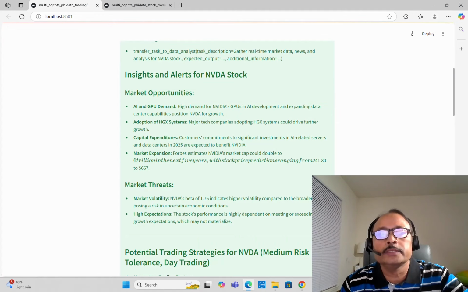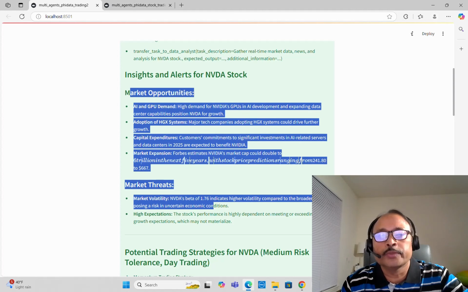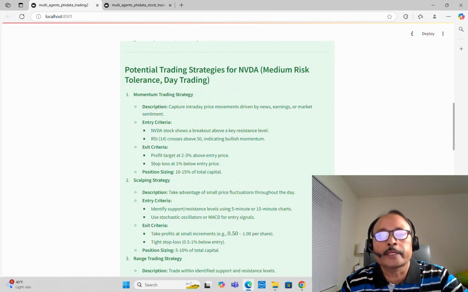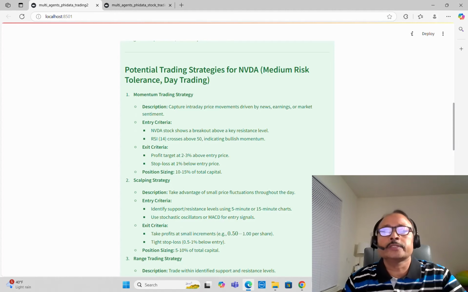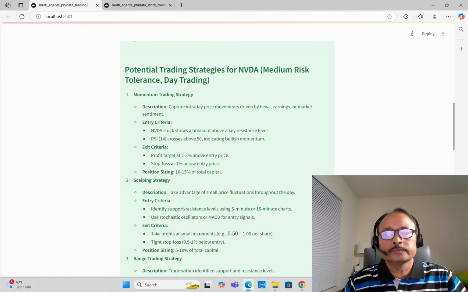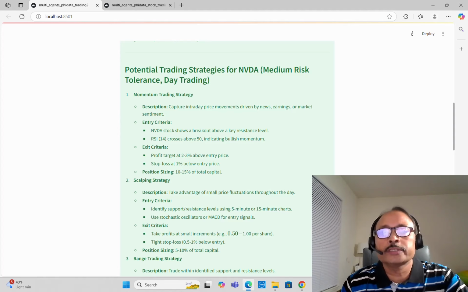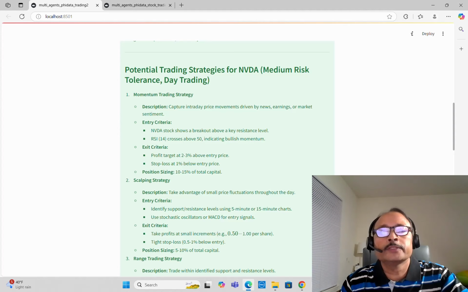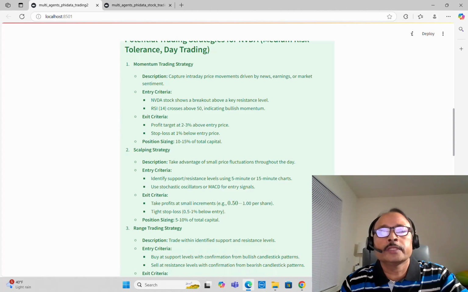Finally we got all this important information from the first agent. And then the second agent, the trading strategist, has given this report, the potential trading strategies for NVIDIA, medium risk tolerance, day trading. There are various kinds of suitable trading strategies for the user based on the user's requirement and preference.